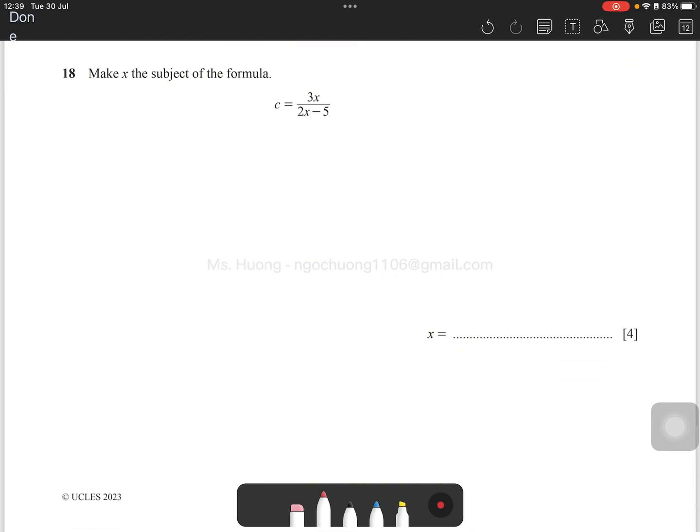Question 18. Make x the subject of the formula. First, when we see something like this, we should cross-multiply them. c multiplied by 2x minus 5. Remember to put 2x minus 5 in brackets before you multiply. Equals 3x. Next, we'll expand the brackets. c times 2x is 2cx.